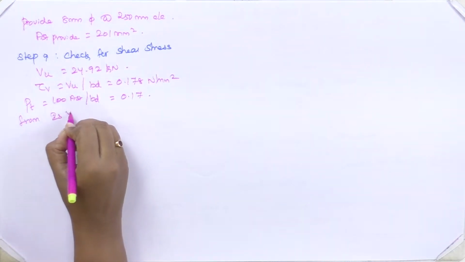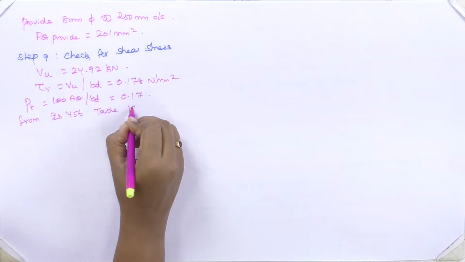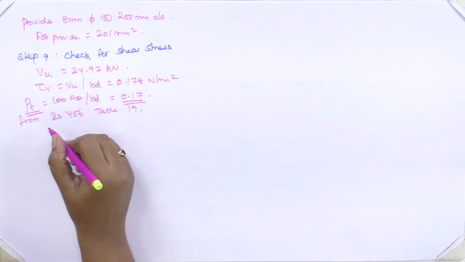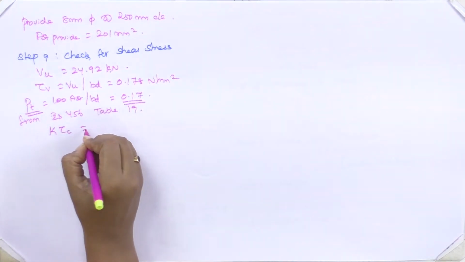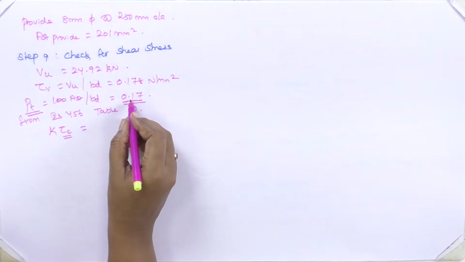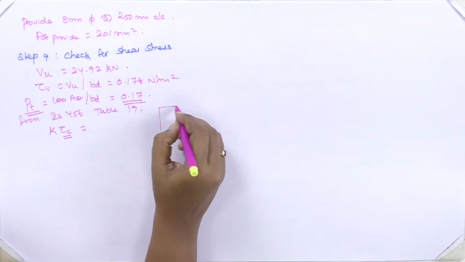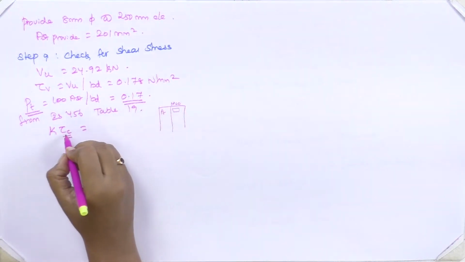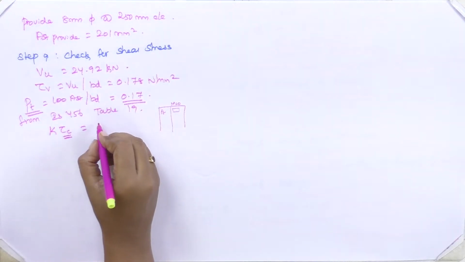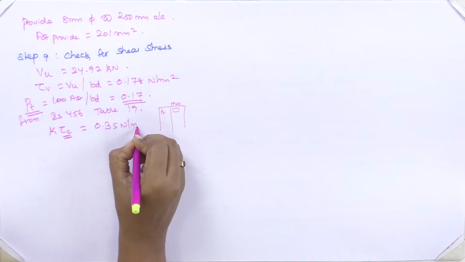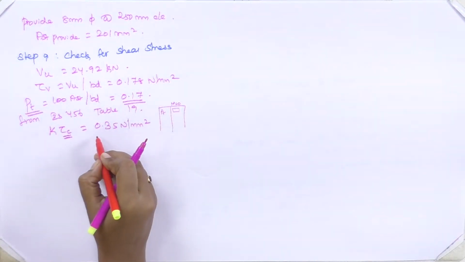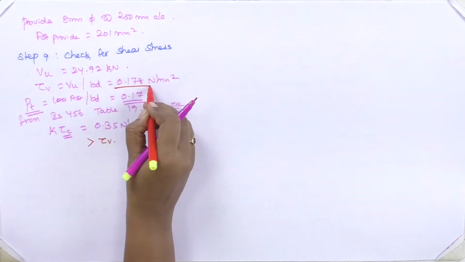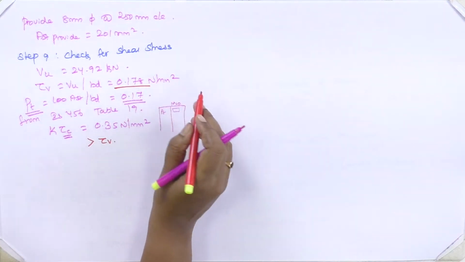From IS 456 table number 19, for the pt value of 0.17, I can calculate k times tau c, that is the tau c value for the percentage of steel pt. The graph will be like this. For pt, for M20 grade of concrete, I need to take a value of tau c. For tau c, I'll get around 0.35 Newton per mm square, which is this tau c, which is greater than tau v. The tau v value is 0.178 Newton per mm square, so it is greater.